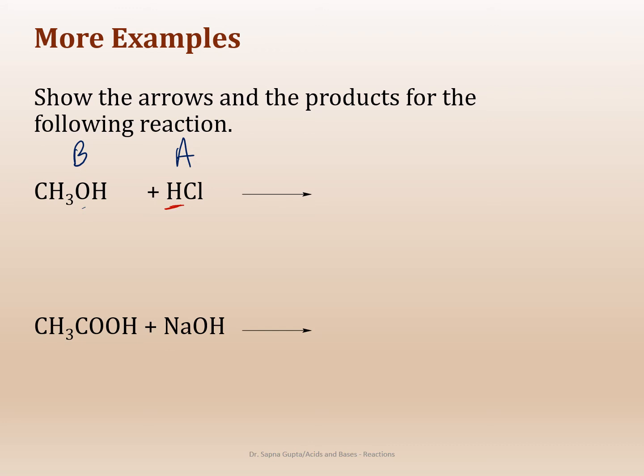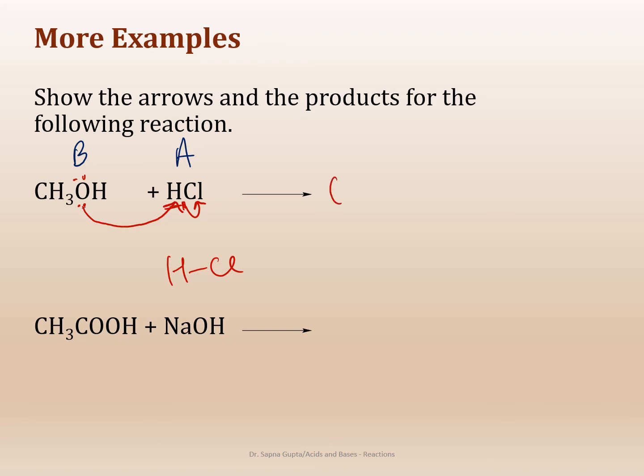Okay, so the only electron rich species here is the oxygen with its lone pair of electrons. So oxygen here is going to take this proton, and now you can show another arrow going towards chlorine. So we don't have to write it like this every single time. This way you can get away with just writing a second arrow coming from here.